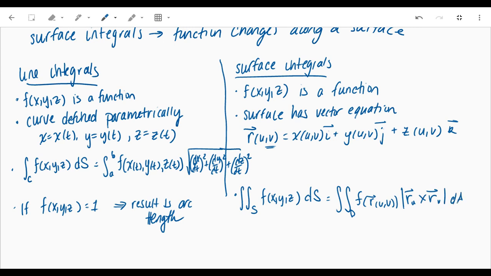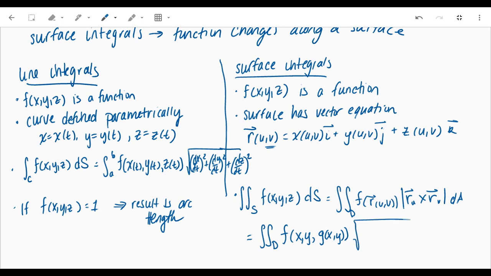We also can do that as the integral over D of f of x, y, and z, but z has to be in terms of x and y. It's a double integral, so we only can have two variables here. So we have to be able to define z in terms of x and y.